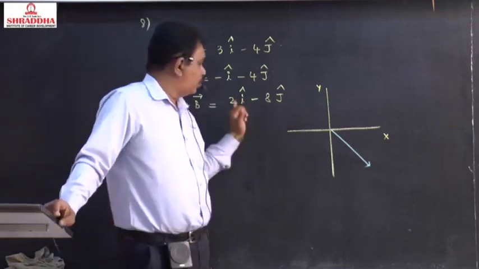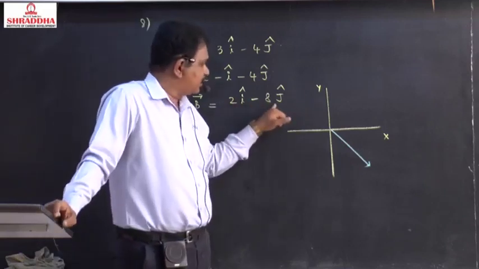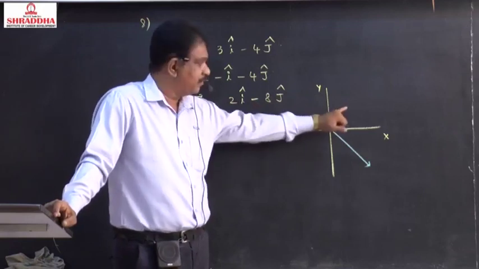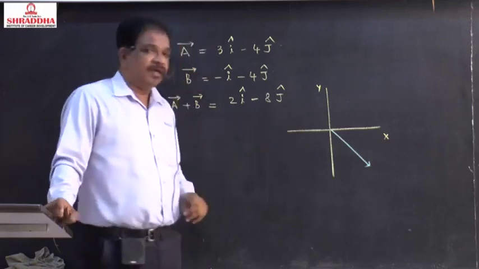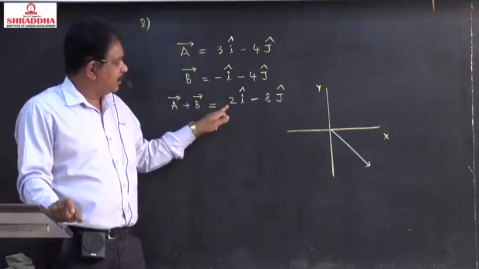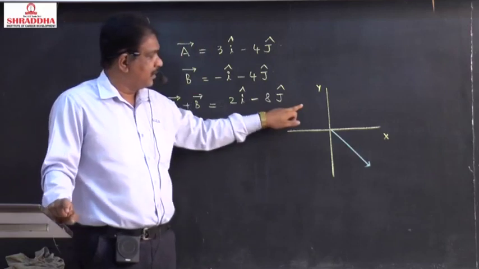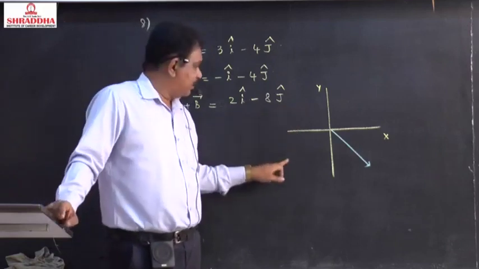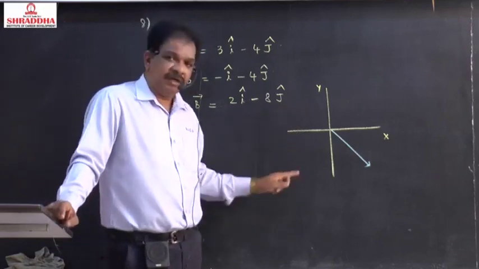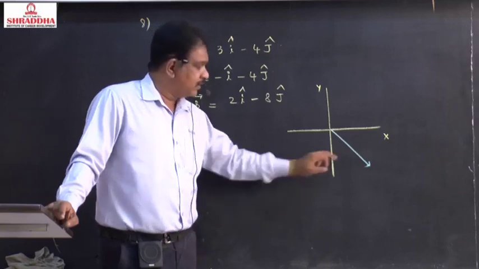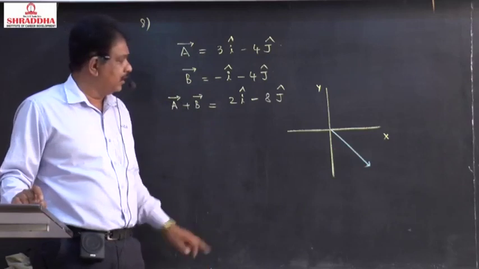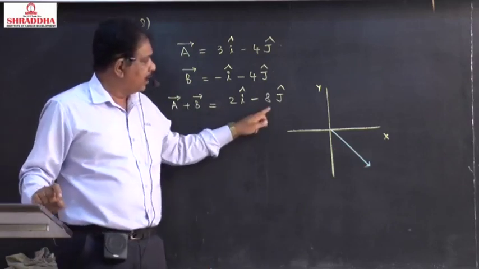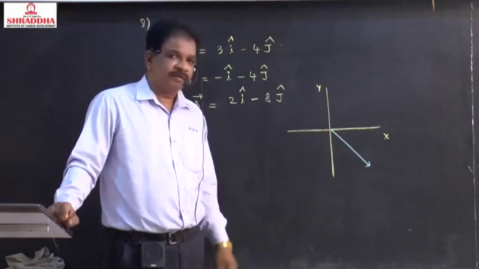If 2I plus 8J is there, that will come here. Minus 2I plus 8J, that will come here. Minus 2I minus 8J, it will come here. In this quadrant, x will be positive, y will be negative. Therefore, we are representing the vector like this.